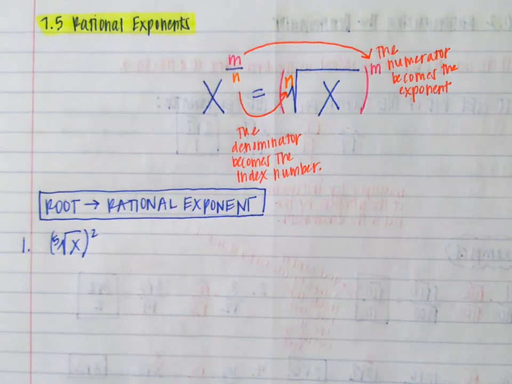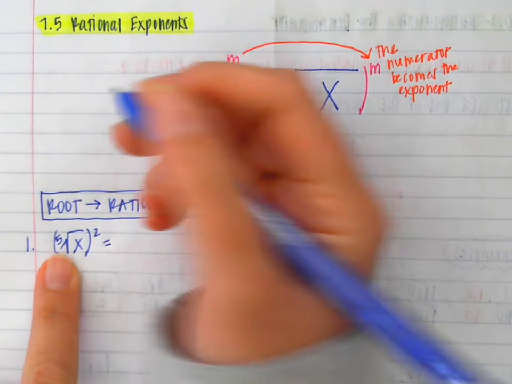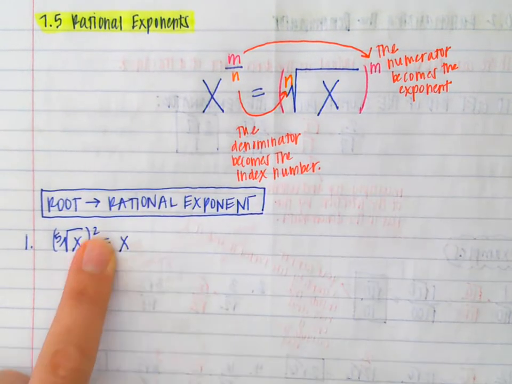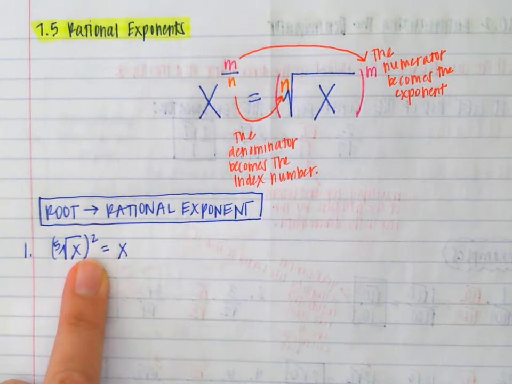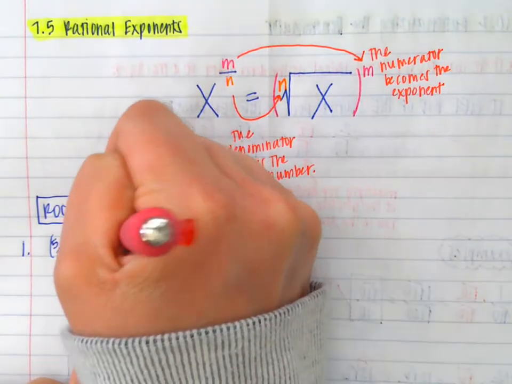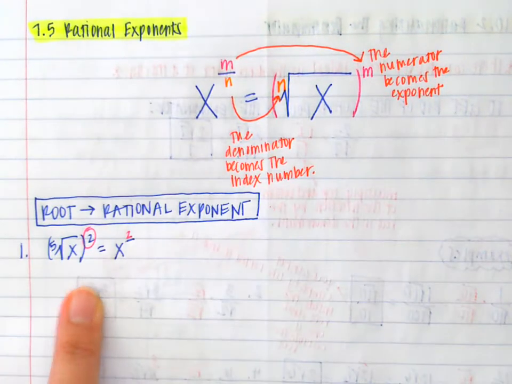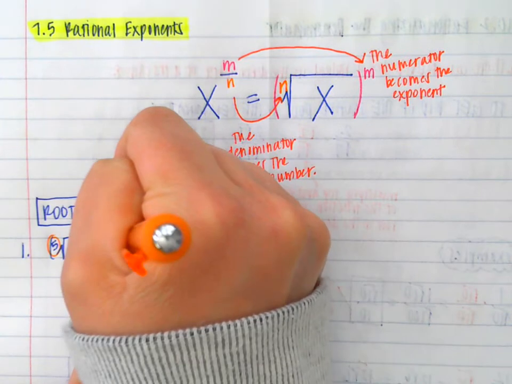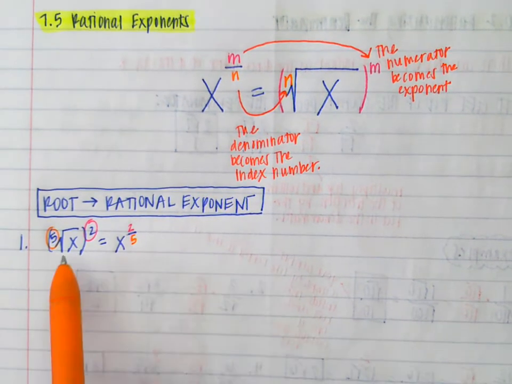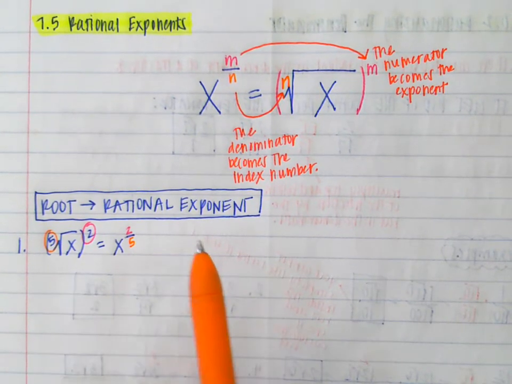Okay, let's think about that. Whatever is inside the root is always my base. The exponent is always the number on top. So 2 is going to be my numerator. And then the index number, 5, is going to be my denominator. So it's the same thing: x raised to the 2/5 is the same as the fifth root of x squared.